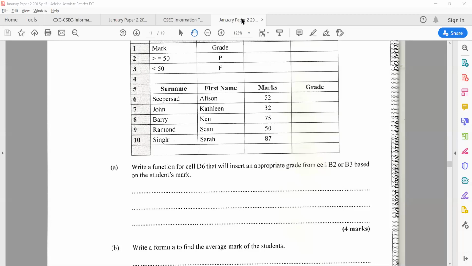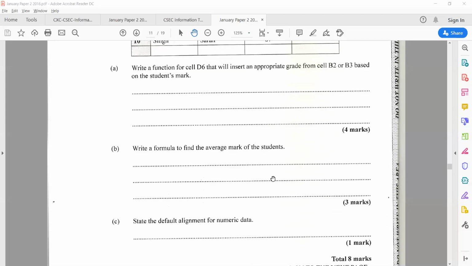Anyone knows the formula for average in Excel? Right, someone put it in the chat there. The formula is equals AVERAGE, spelling the entire word average, and then you open brackets and select from C6 to C10.